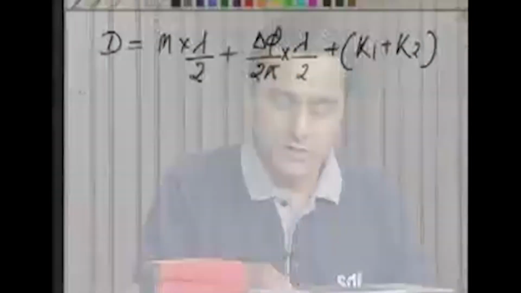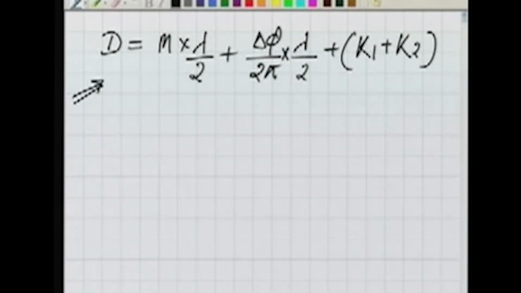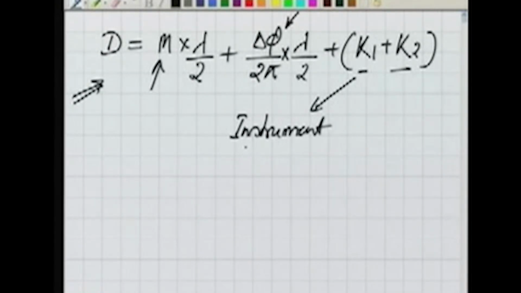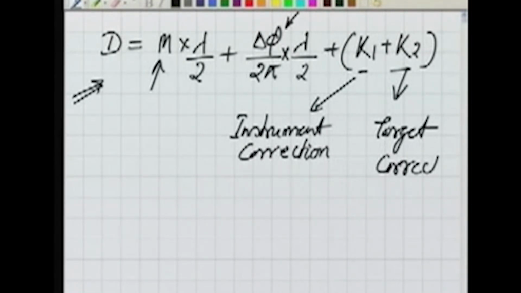Okay, we also discussed the basic or fundamental equation of the EDMI, and as I am writing here, this is the equation. And in this equation, we need to determine M. M stands for the number of total wavelengths within the distance, and delta phi is the phase difference, while lambda is the wavelength which we are using, the modulated wave, and K1 and K2 stand for instrument correction or constant and target correction.